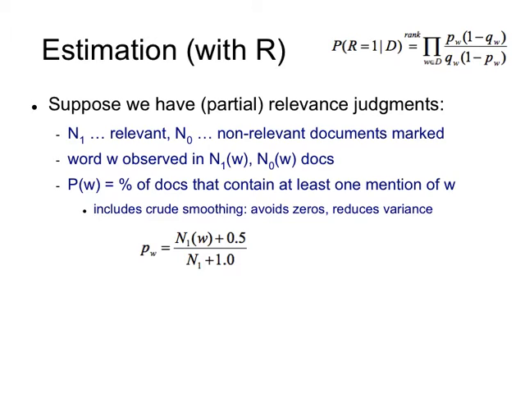And what I'm doing here is I'm adding 0.5 at the top and 1 at the bottom, just to avoid zeros, right? In case some word didn't occur in any of your relevant examples, you don't want to give it the probability of 0. Why? Why do you never ever allow probabilities to be 0?